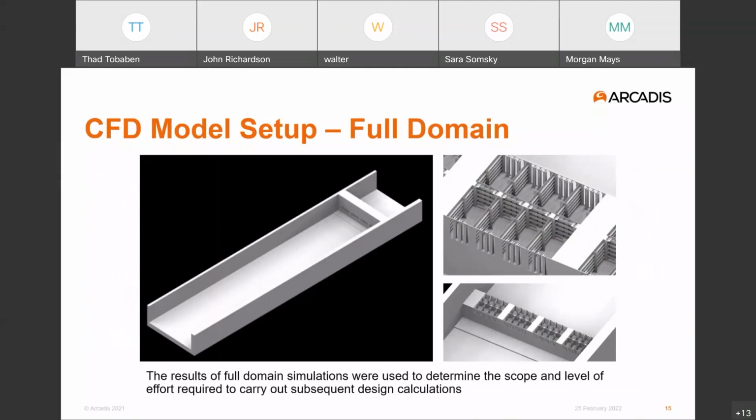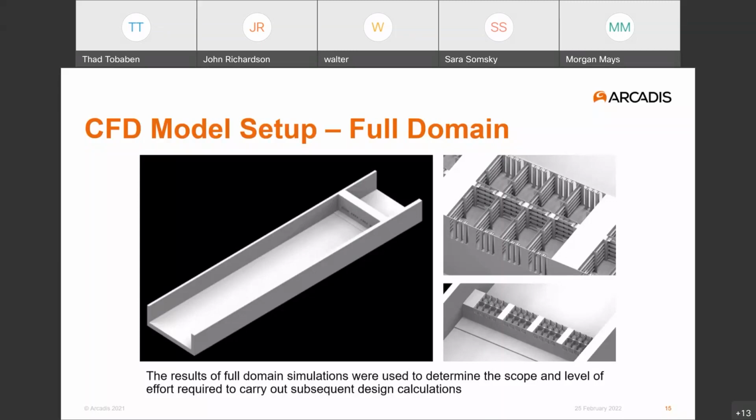Our particular assignment involved primarily understanding how the flow moves through the doors themselves. And at the outset of the project, we didn't know, and it was uncertain, how much of the domain we were really interested in or would have to model in order to gain a fair understanding of what was happening within the doorways.